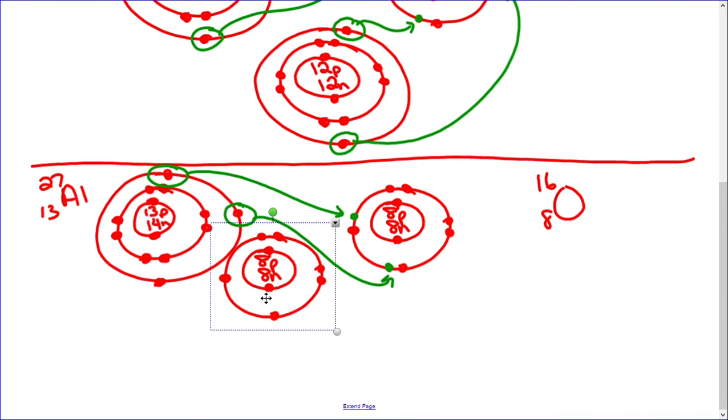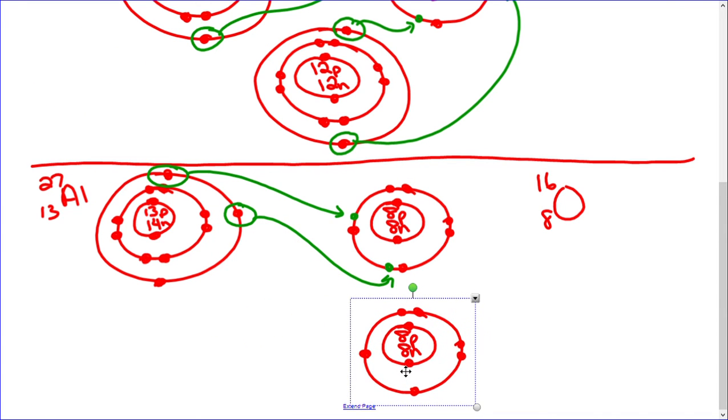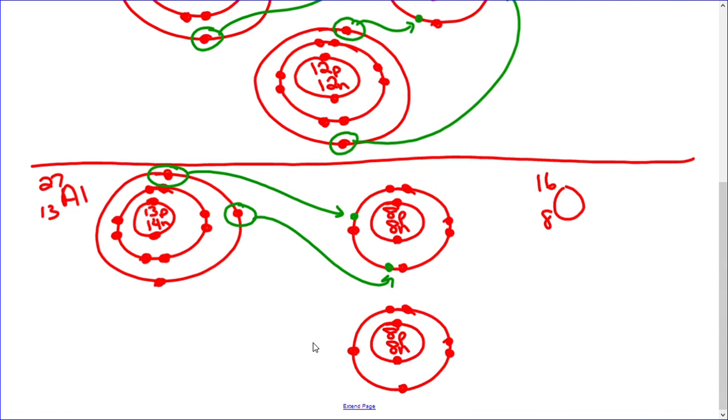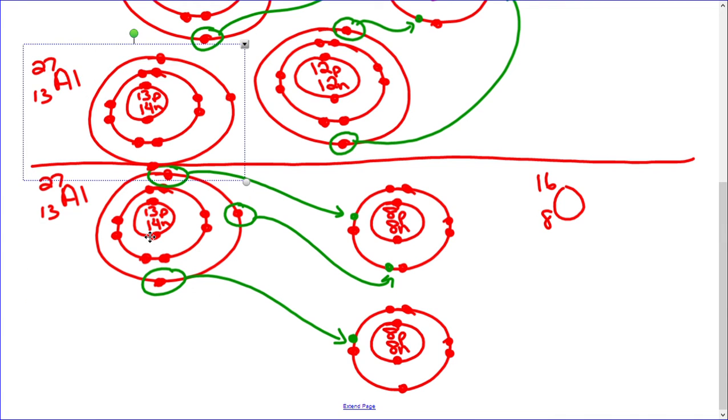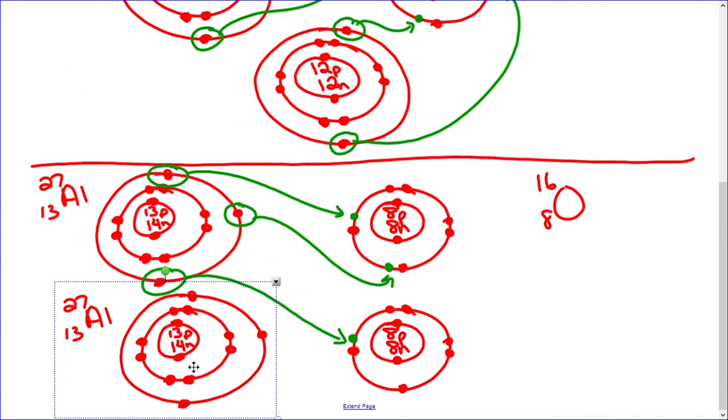So we'll add in an extra oxygen. And now this other aluminum has a place to go. But now oxygen still needs 1 more, and I'm out of the aluminums that I had. So from our previous example, we know we have to add more of this one. So we're going to add another aluminum in.